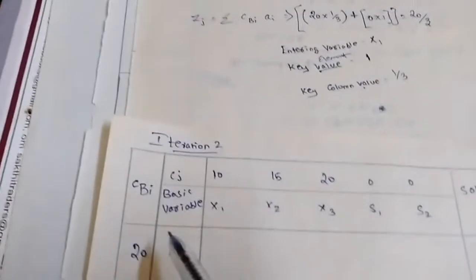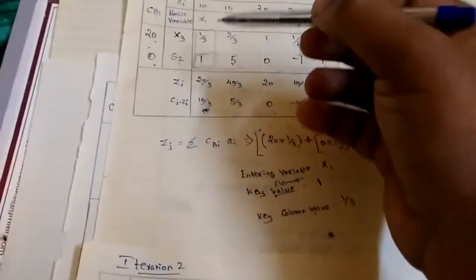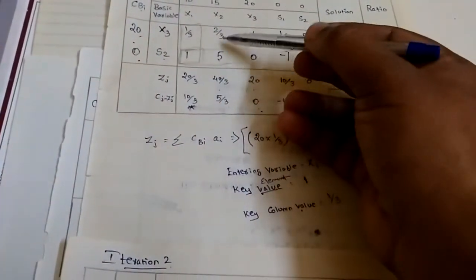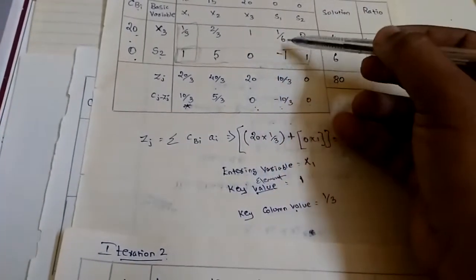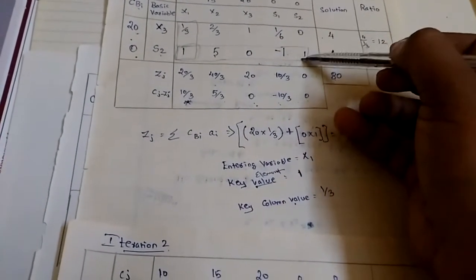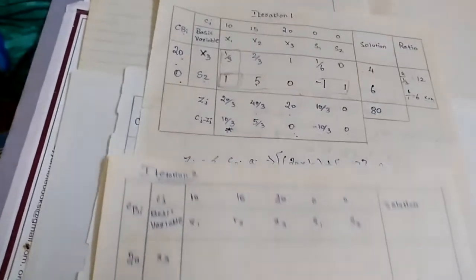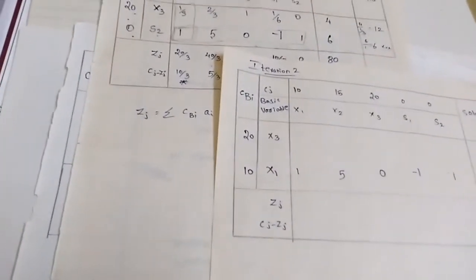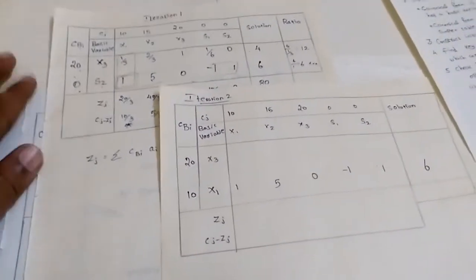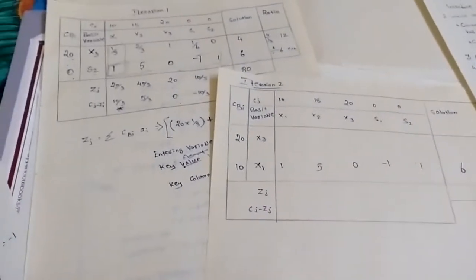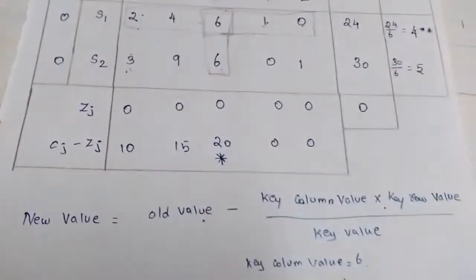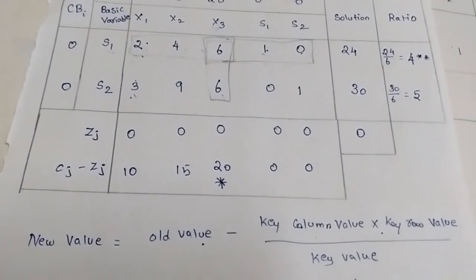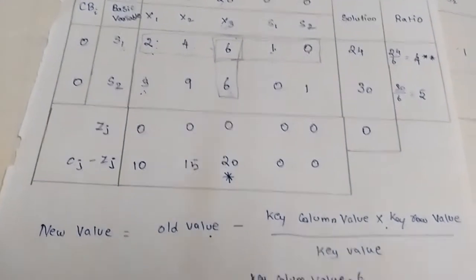The key row values are 1, 5, 0, minus 1, and 1. So using the same formula, the new value is equal to old value minus key column value into key row value divided by key element. This is the formula.